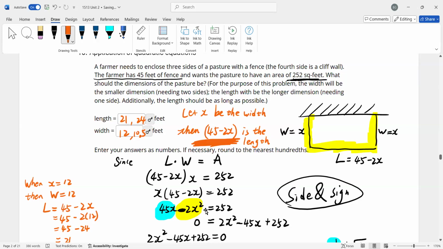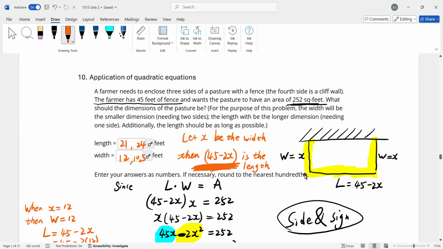We should always double check our answer when we solve an application problem. The checking part is actually easier than the solving part. We have two sets of solutions. The length could be 21 and the width could be 12. Let's check the algebra.